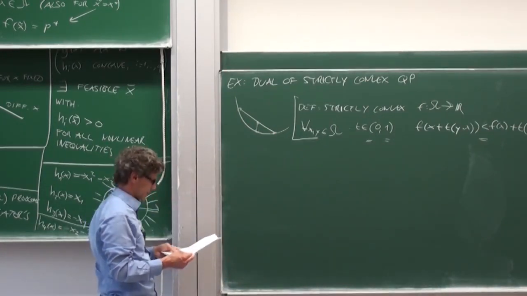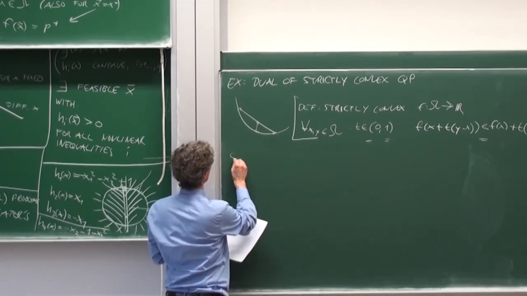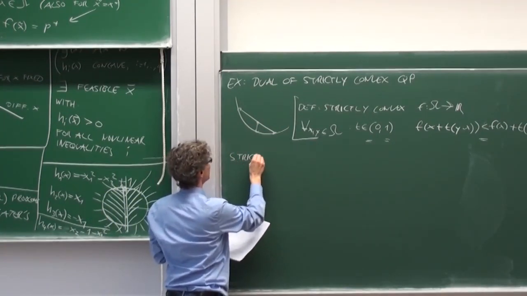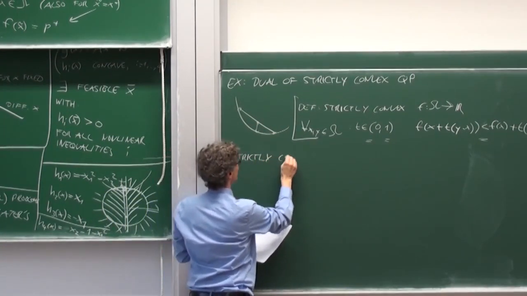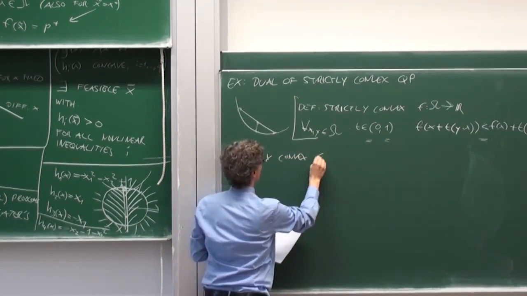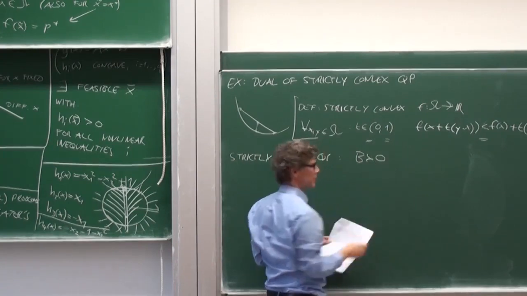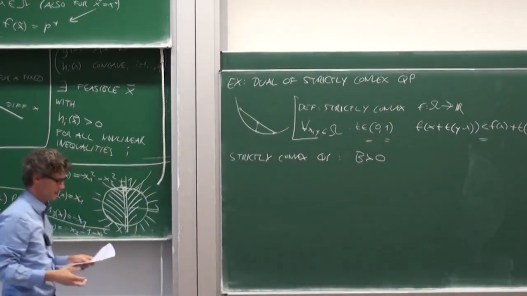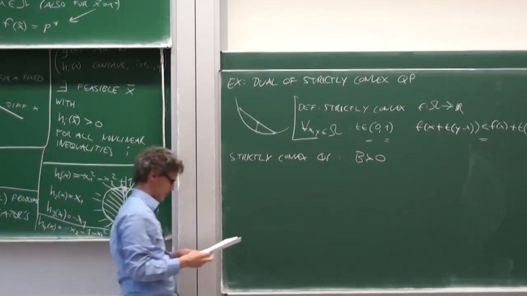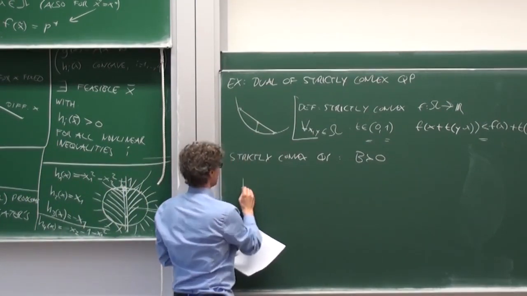Okay, and a strictly convex QP is of course a QP where the matrix B should have positive eigenvalues only and no zero. And so now what we have here is the primal problem.